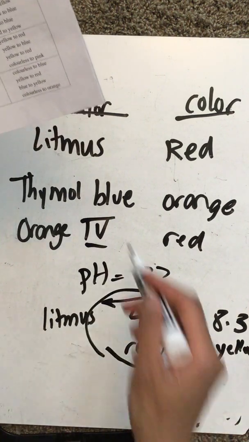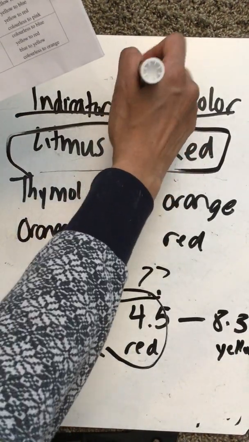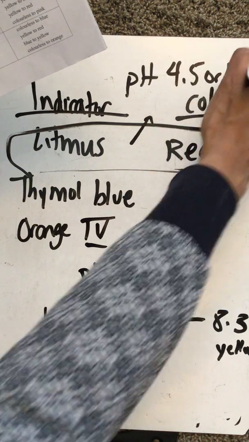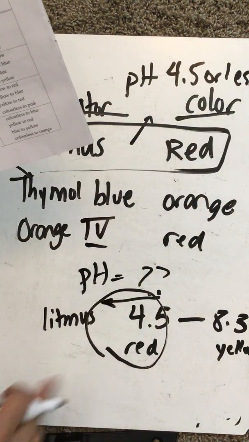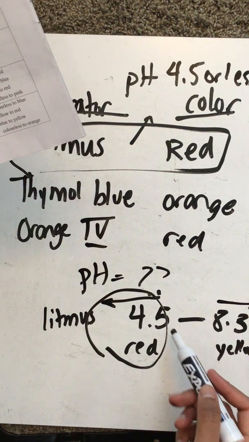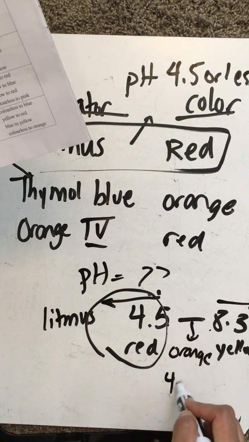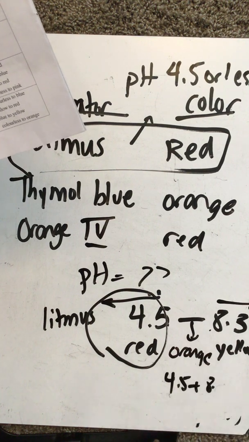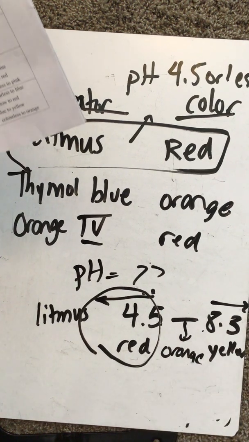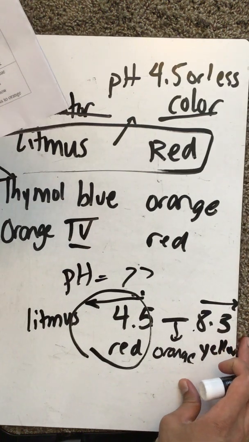Because litmus is red here, that tells you the pH is 4.5 or less. If it's 8.3 or greater, it'll be yellow, and the in-between color between 4.5 and 8.3 will be orange. So now we know the pH has to be less than 4.5.